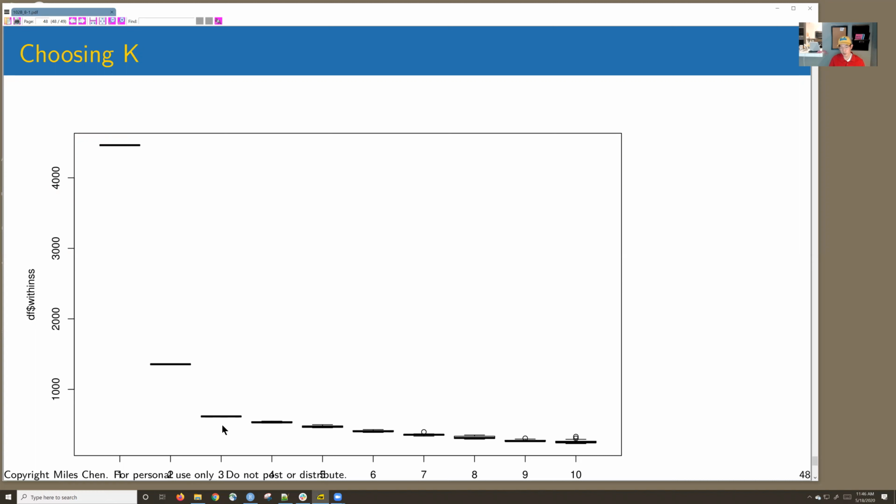But then going from k equal to 3 to 4 or 4 to 5, every time I'm adding another group to look for, the within sum of squares decreases a little bit, okay? It's like we're pushing up that r squared value, but is the change significant or not? That's the other question, okay?